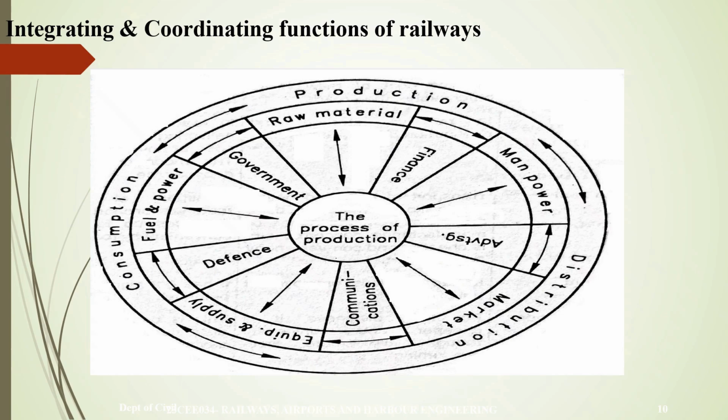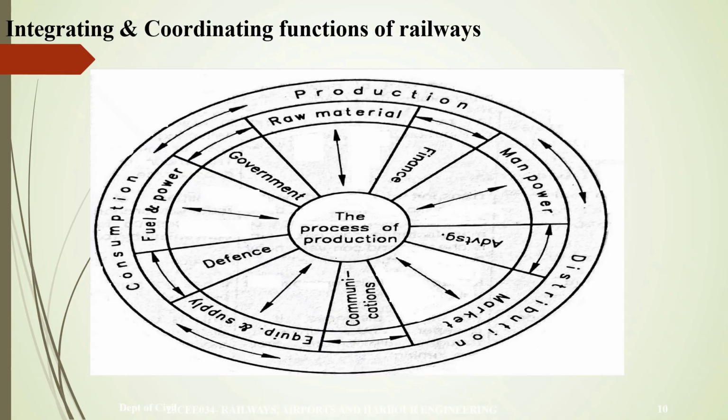The next topic is the integrating and coordinating functions of railways. When considering transportation systems, a number of factors are involved: the process of production, means to finance, government, defense, communication, etc. The process of production involves different processes such as collection of raw materials, use of manpower, marketing, use of equipment and supply, and finally fuel and power.